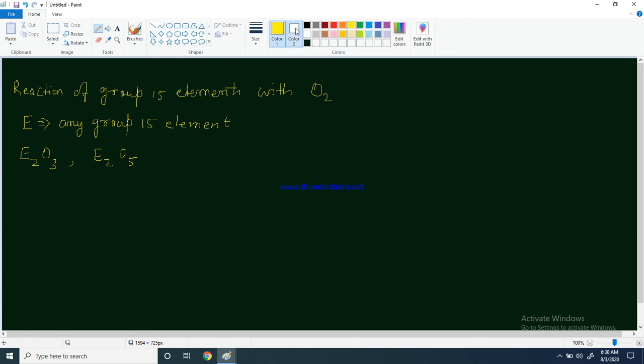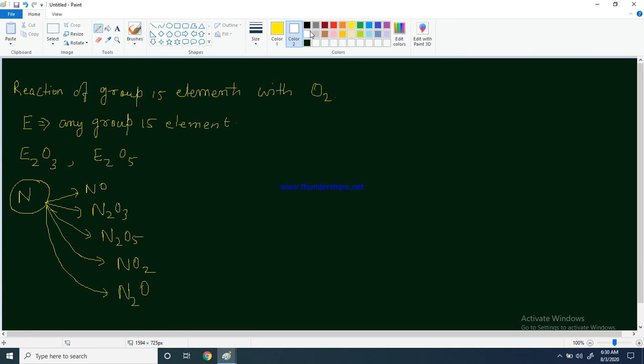Let us take the example of nitrogen. Nitrogen shows anomalous property, so it forms 5 different types of oxides. It forms NO, it forms N2O3, it forms N2O5, it forms NO2, it forms N2O.